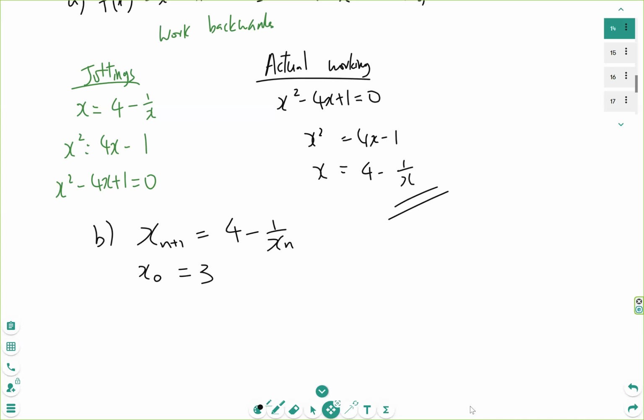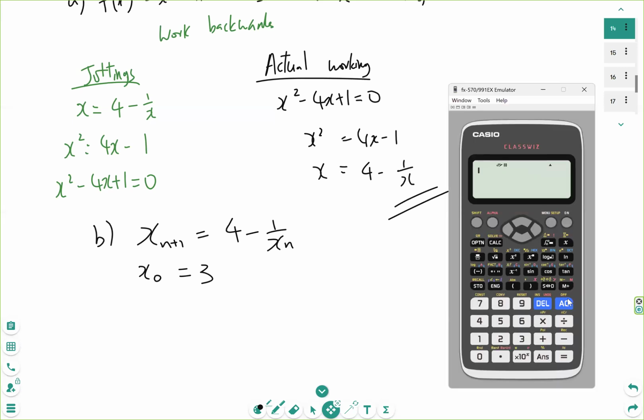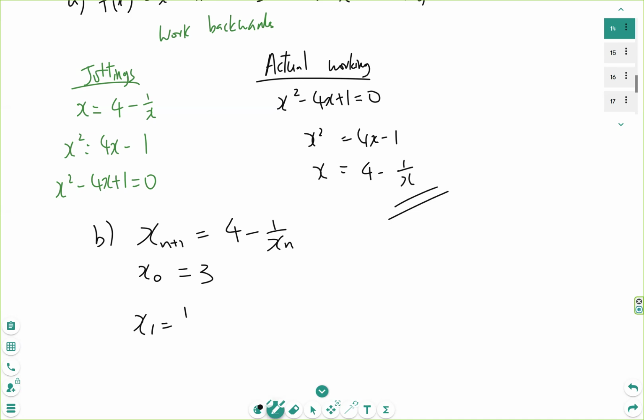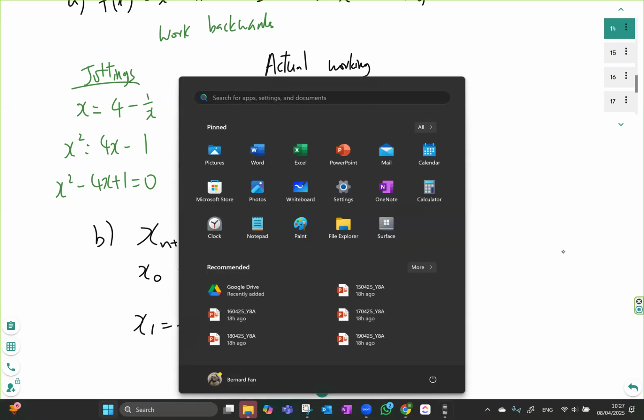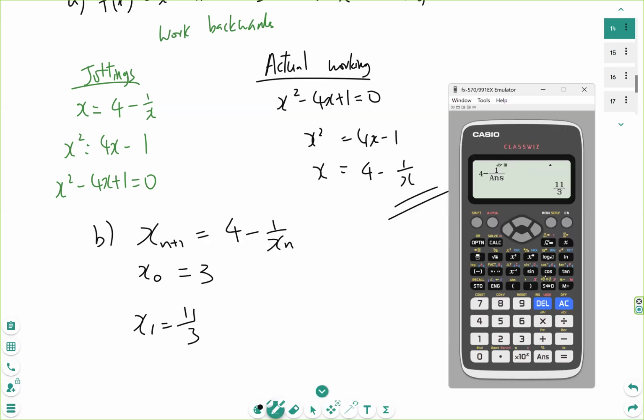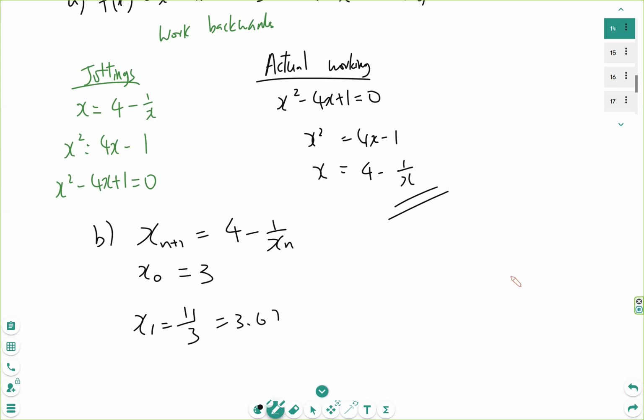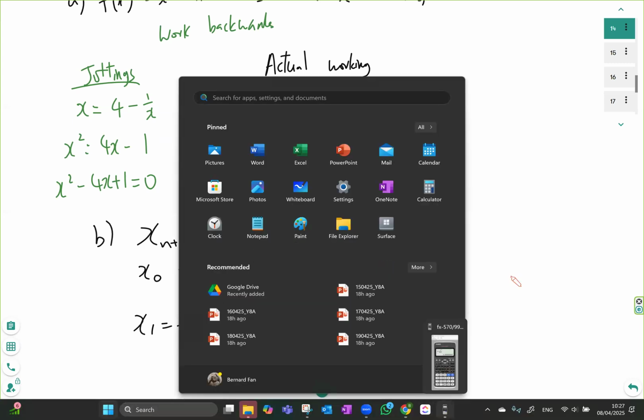So this is what I do: I will be doing 3 and an equal, and then 4 minus 1 over, replace xn with the answer button. So 11 over 3 or 3.67, it doesn't matter because we're not really looking into the investigation of numbers. So you can put either a fraction or decimal, 11 over 3. Next one, or actually, let's put decimal in here, 3.67. Next one. Press equal again.